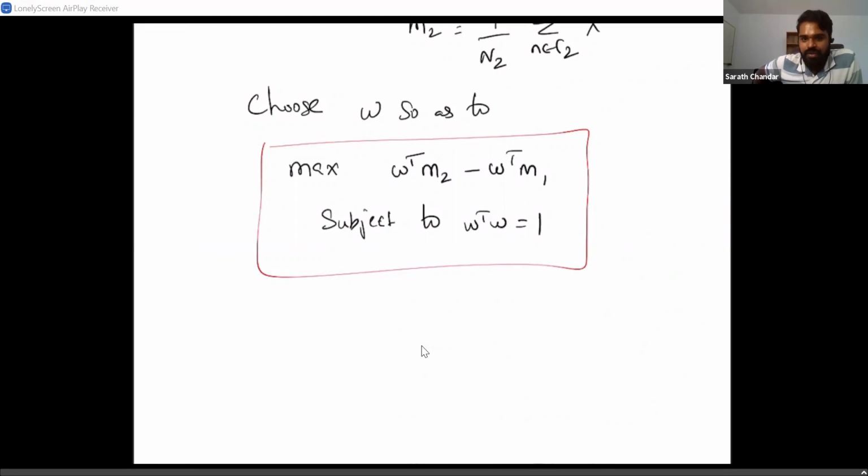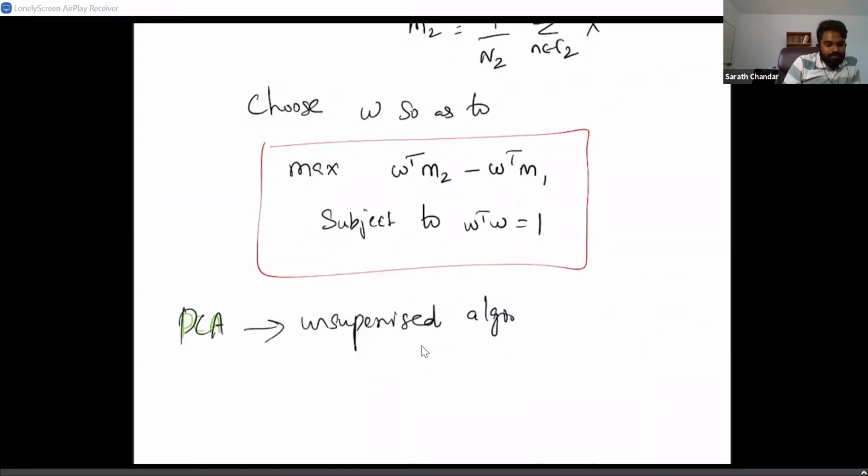In some sense, PCA is an unsupervised algorithm. Why is that the case? It's unsupervised because it doesn't use the class labels.